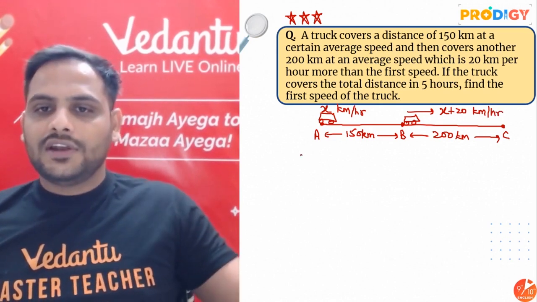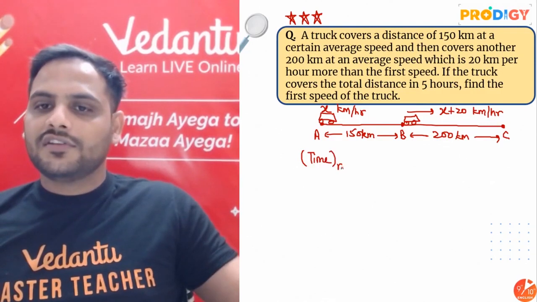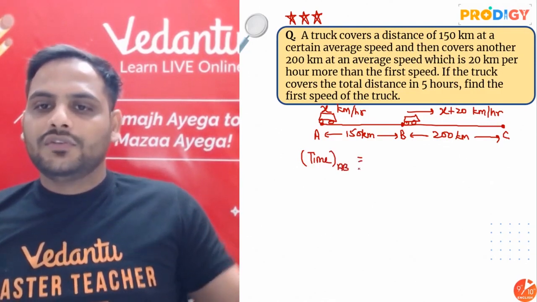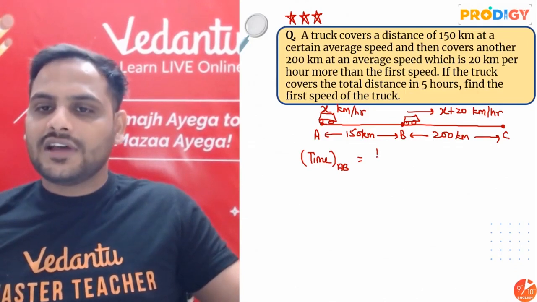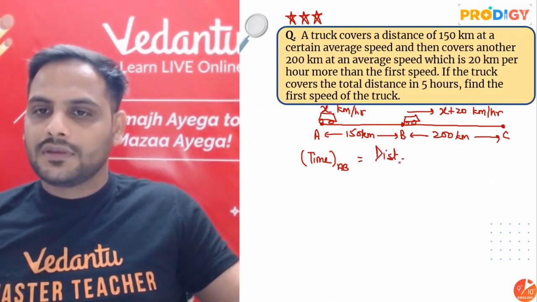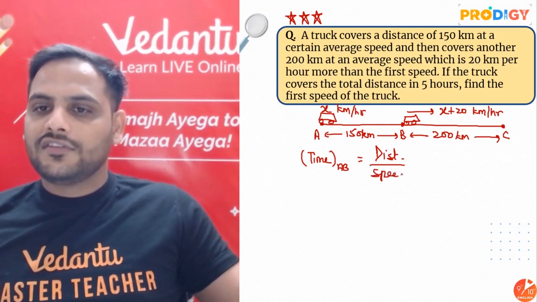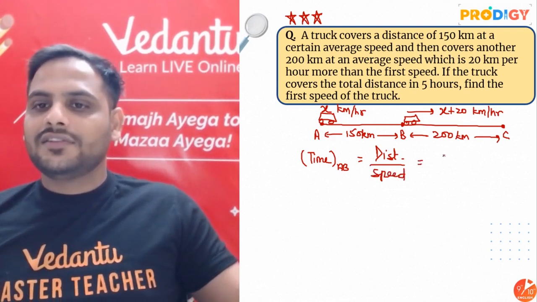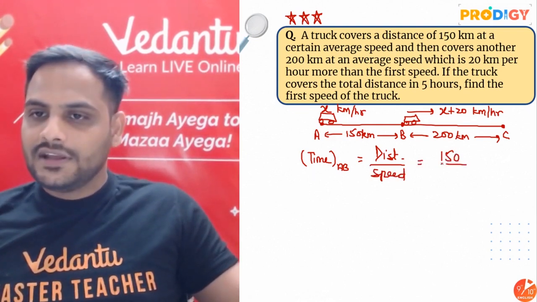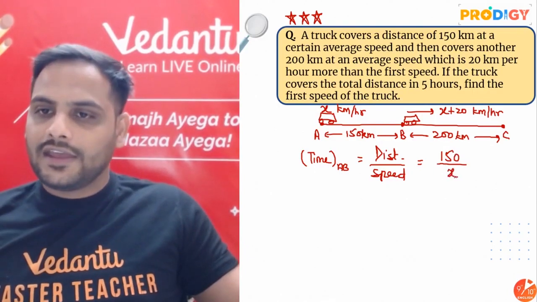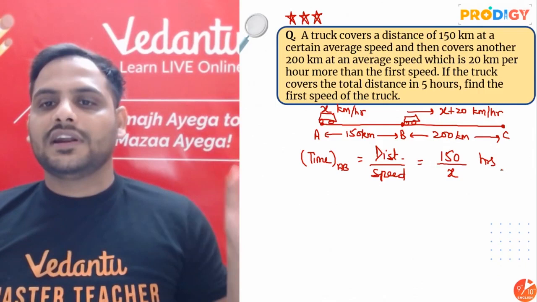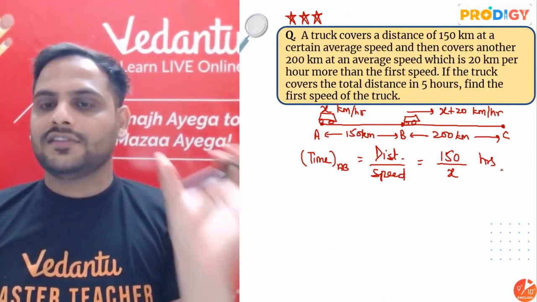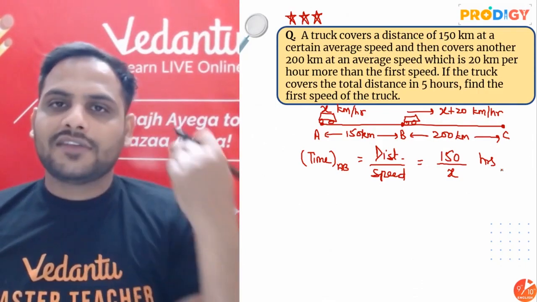Okay, son? So let's see how much time will be taken to cover the distance from A to B. Time taken will be distance upon speed. Distance is 150, speed is x. These many hours it will take for the truck to go from A to B: 150 by x hours.